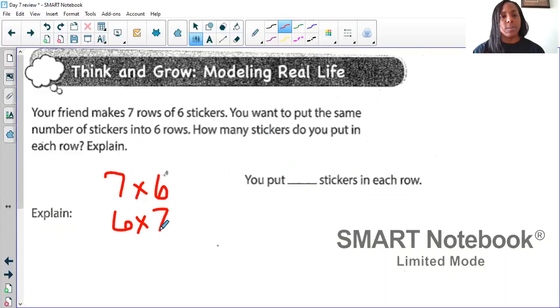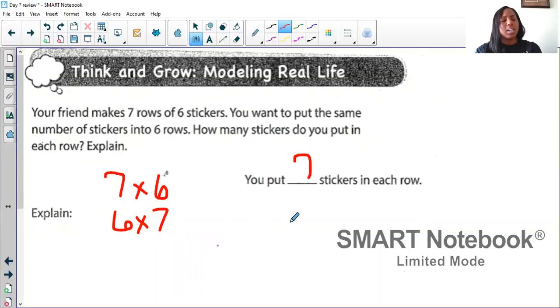So now what we need to do is draw this to find out how many stickers are in each row. If we put 7 times 6, and we switched it, 6 times 7, so how many stickers are going to go in each row if we had 6 rows? That's right, 7. So I want you to write your thinking down there.